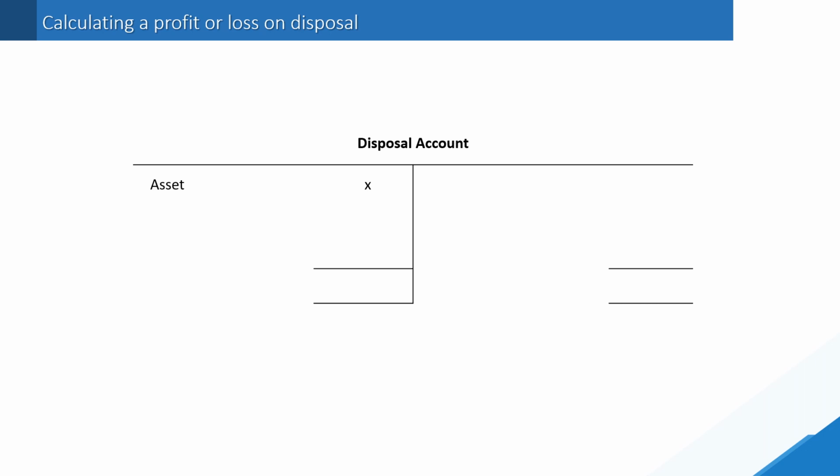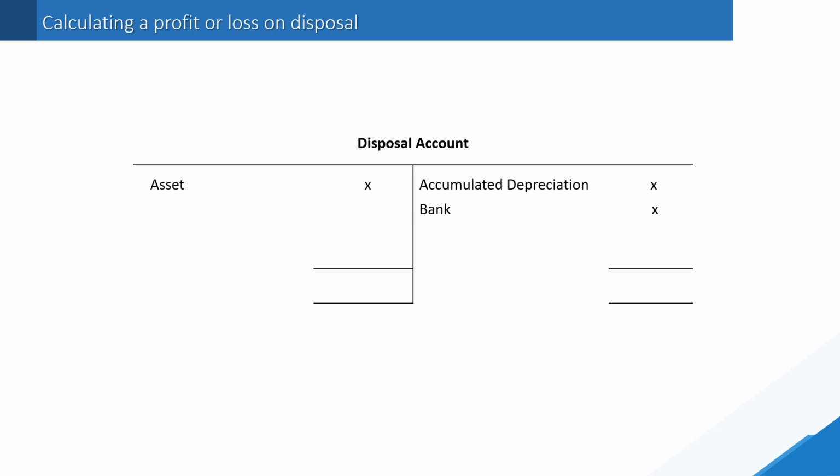Step 2 is to remove the accumulated depreciation. And we do that by debiting the accumulated depreciation account and crediting disposal. And the final step is to record those proceeds. We debit the bank and we credit the disposal account.